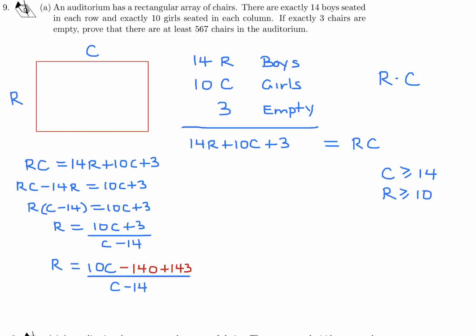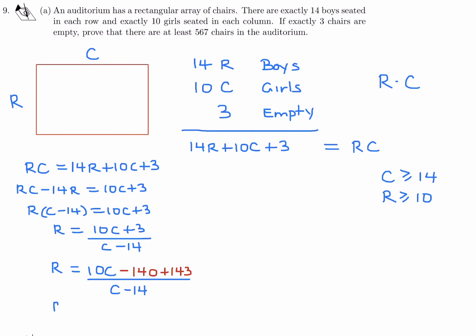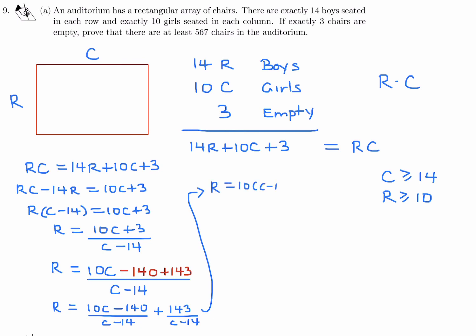So that basically brings me to the conclusion that R, if you break this up, is going to be 10C minus 140 over C minus 14 plus 143 over C minus 14. And this guy here factors further into 10 times C minus 14 all over C minus 14.